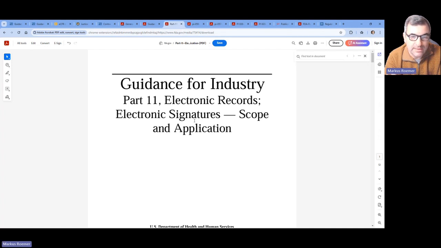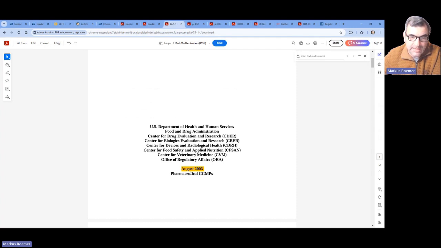With the predicate rule 21 CFR Part 11, nobody was happy, so 6 years later this guidance for industry document was written. Also very interesting, the draft version came out in February 2003 and the final extremely fast in August 2003.